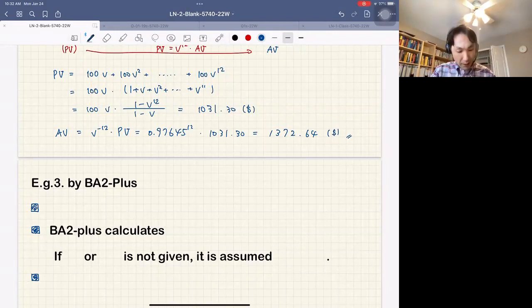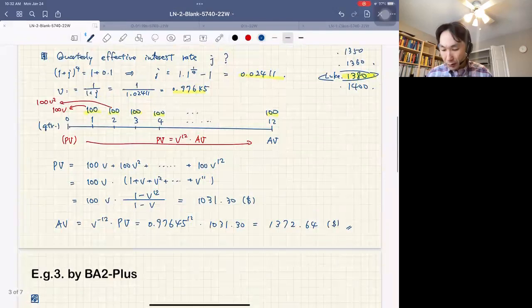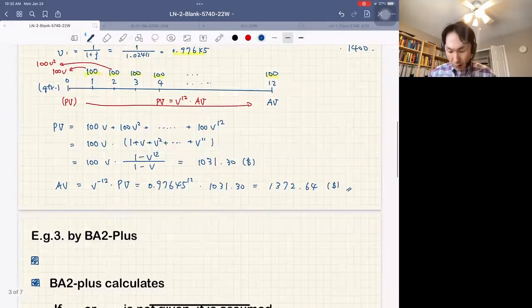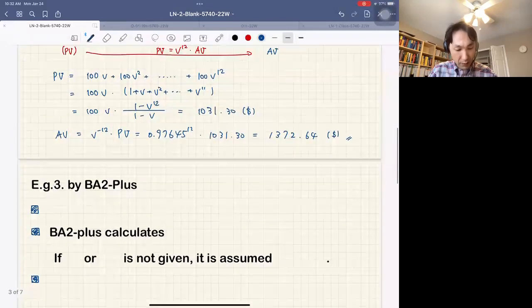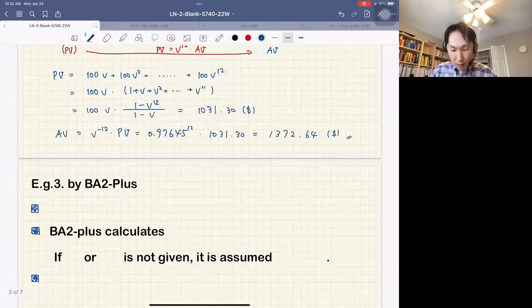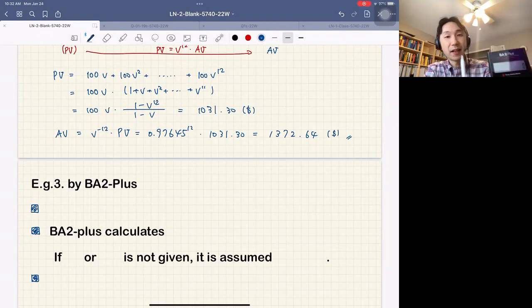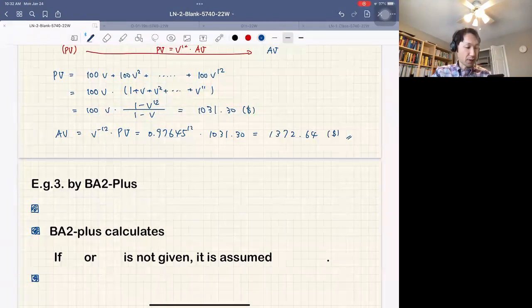I will explain how to use it. I want to calculate the accumulated value. At first, turn on the calculator, and you can press the second key. The second key is in the second row and the first column, the gray button, 2ND. Then clear TVM.